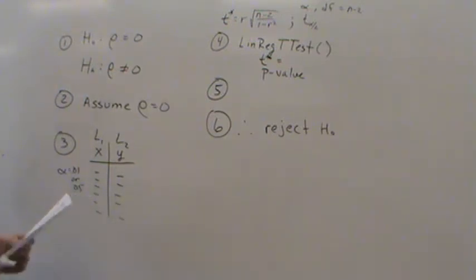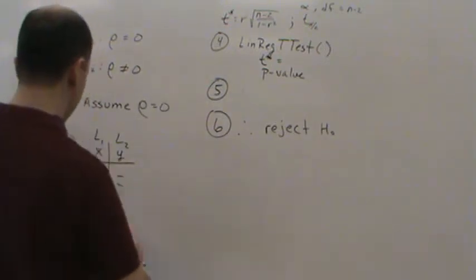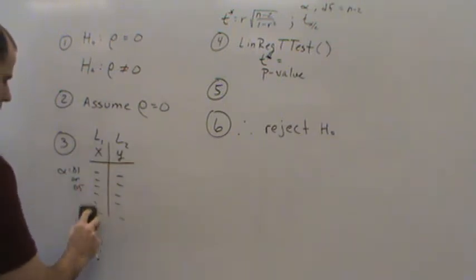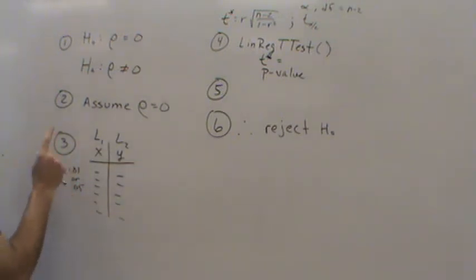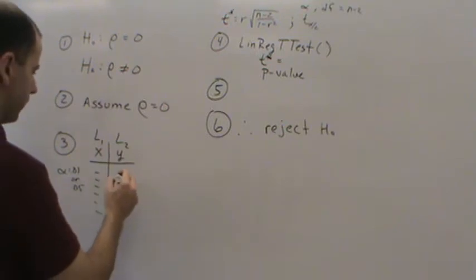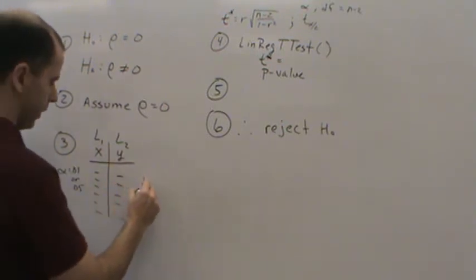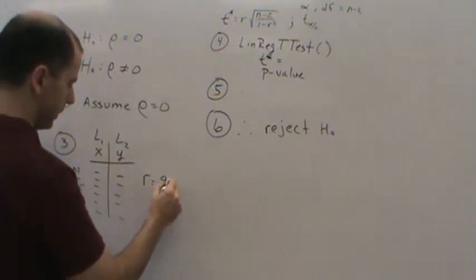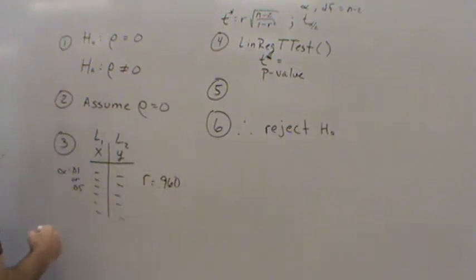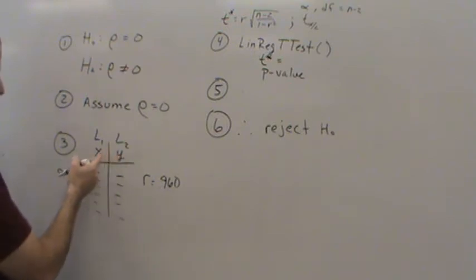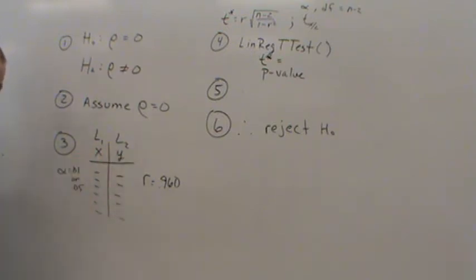So let's use that example that we just did. We're going to use this data right here. What was our R value? Our R value was 0.960. We're going to test whether that was significant, using the data with age versus systolic blood pressure.